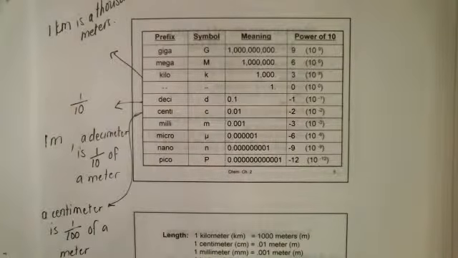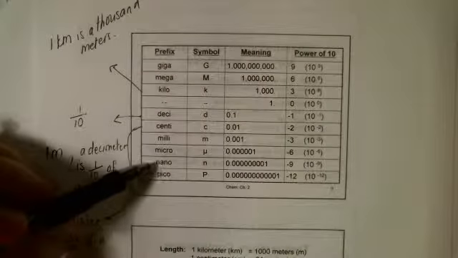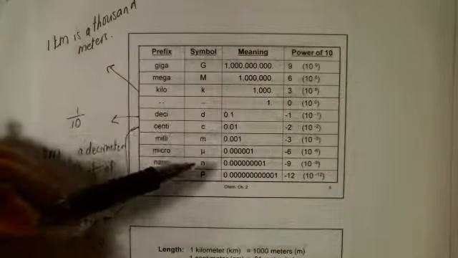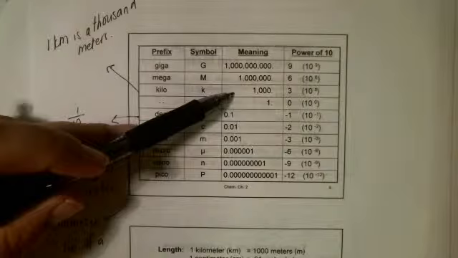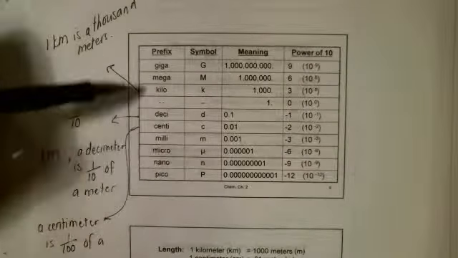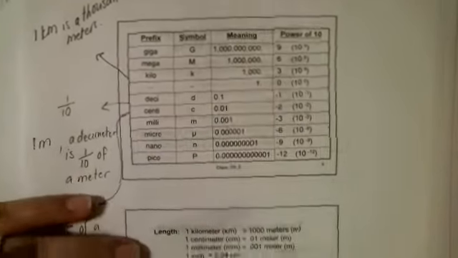It is very, very important that you guys know what these prefixes are and what they stand for, and also what their symbols are. So kilometers is just K, and it's 1,000 times. It'll make your life so much easier if you know these prefixes. So please make sure that you go home and study these prefixes.